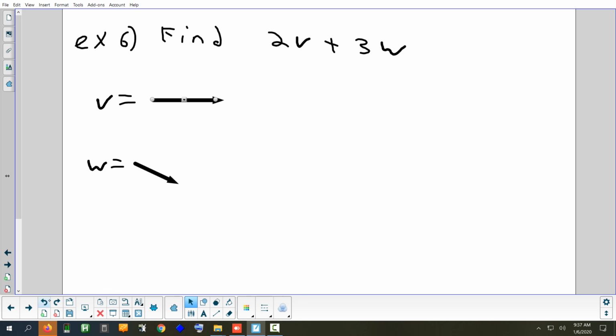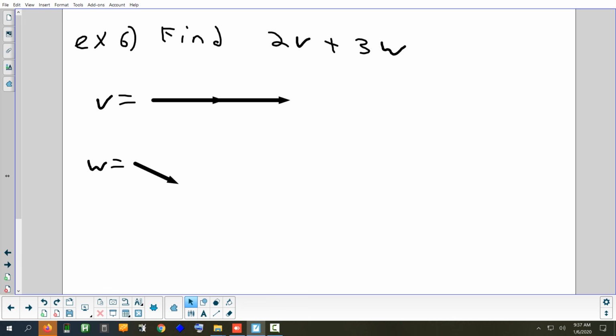All right. We want to make it longer, not make it disappear. So there's 2v. All right, so I've got the first part. And now, what do I need to add onto the end of 2v?